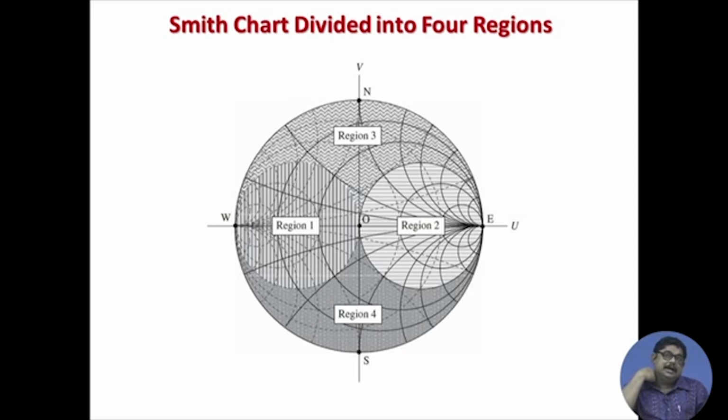If you draw that circle, that is region 1. Region 2, shown with different shading, is generally our 1 plus jB circle in the standard impedance Smith chart.